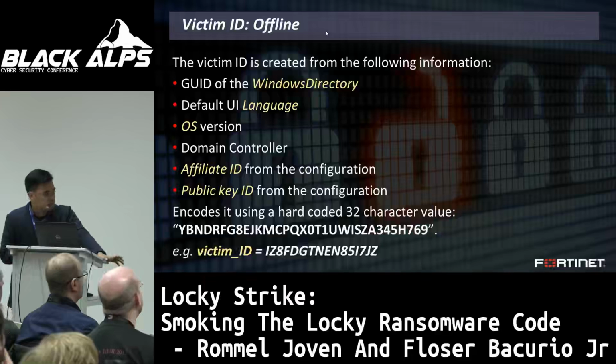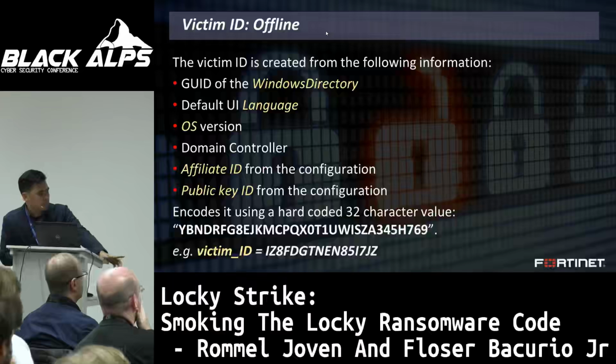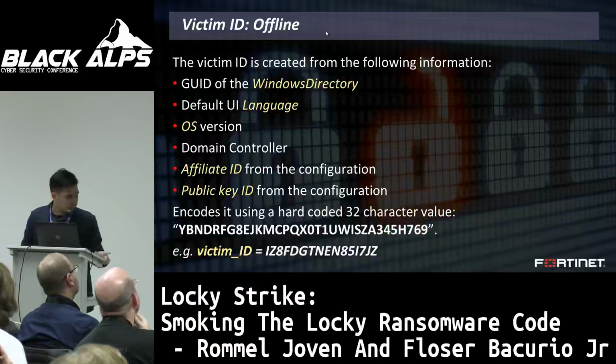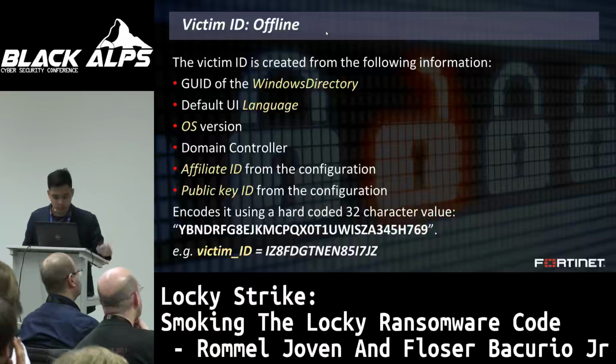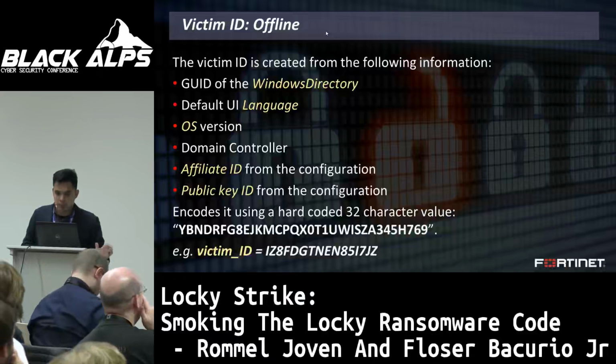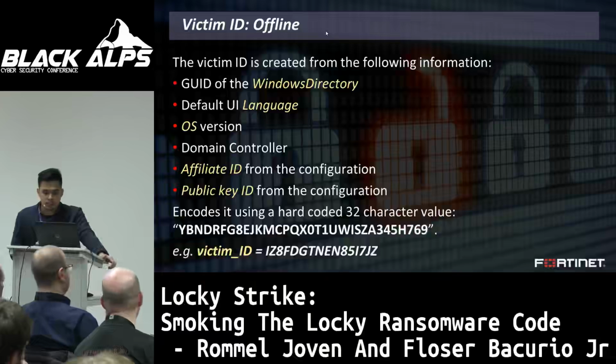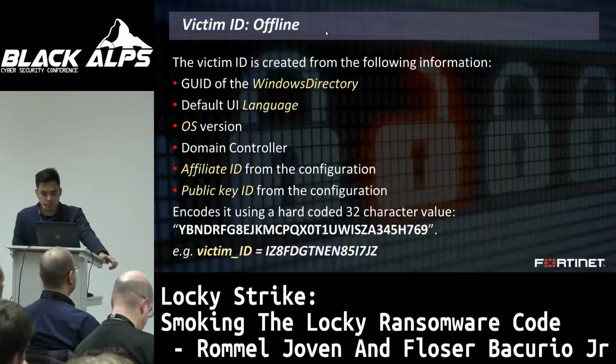After that, it will be encoded using a hard-coded 32-character value. An example of the offline victim ID is seen below. If you notice, the affiliate ID and public key have a part in creating the victim ID in the offline mode, since this will assist the malware authors to determine the affiliate since there is no CNC connection.